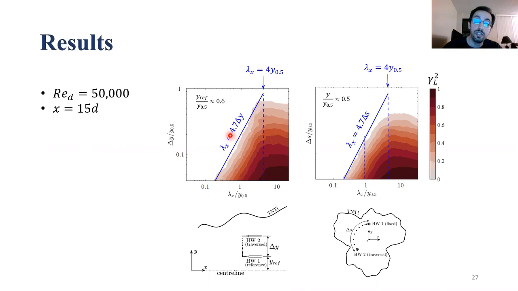And this constant 4.7 is in fact the spectral aspect ratio of the eddy structures. We also can see that the boundary between the eddy structures and VLSMs is lambda x equals 4 times the jet half width. And these pieces of information are true for both the azimuthal arrangement and the radial arrangement. So we can gain a three-dimensional view of the eddy structures in the jet flow.